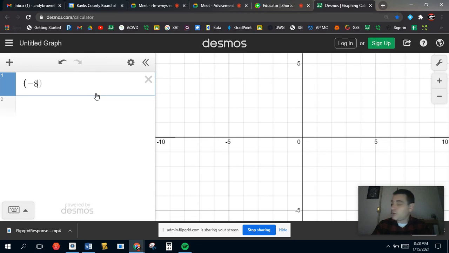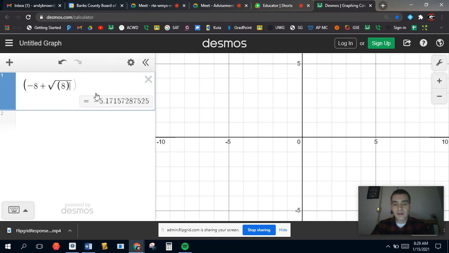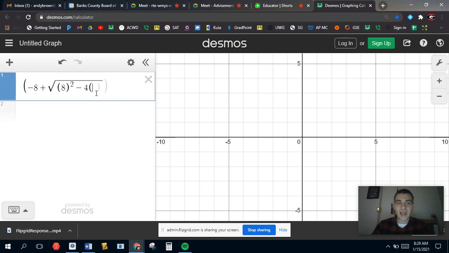So negative 8 plus square root. I like to say SQRT to make the square root come up. I'm going to put 8 in parentheses. Again, it's not really necessary when it's a positive b. Minus 4 times 4.9. So negative 4.9.